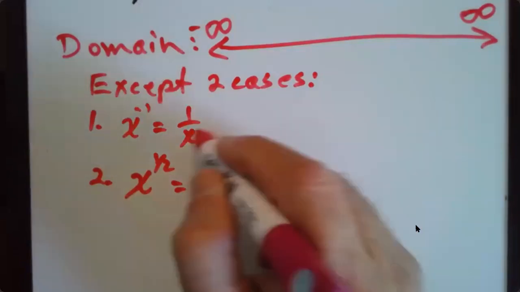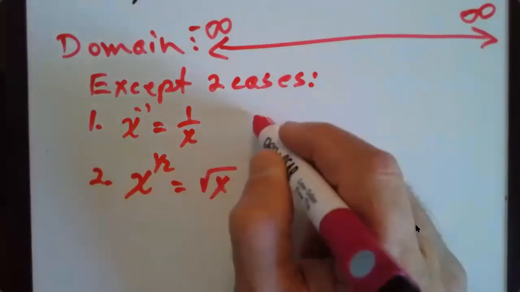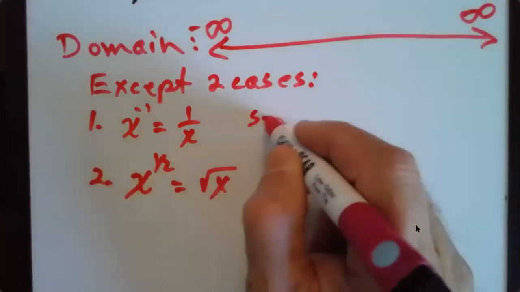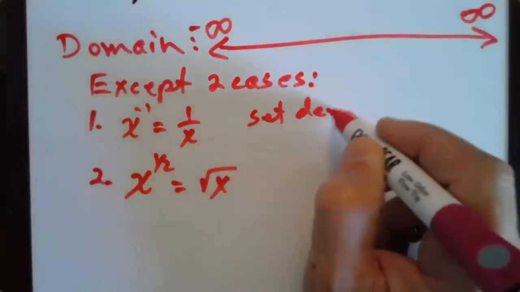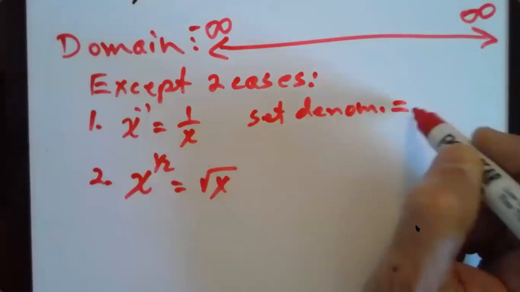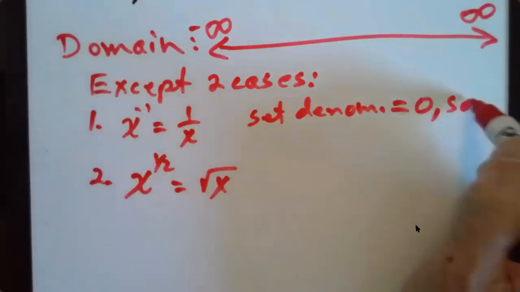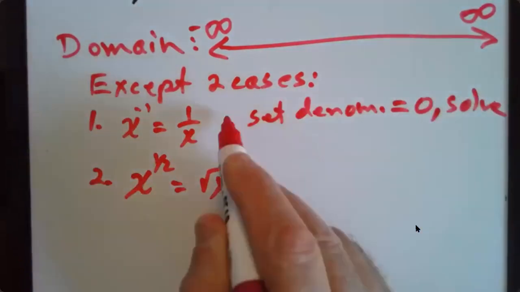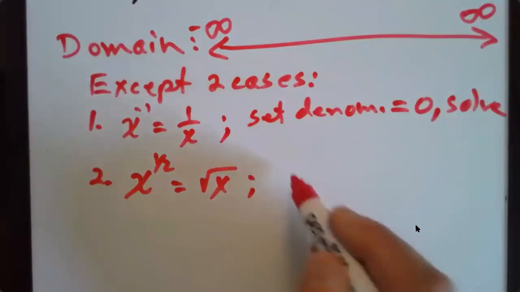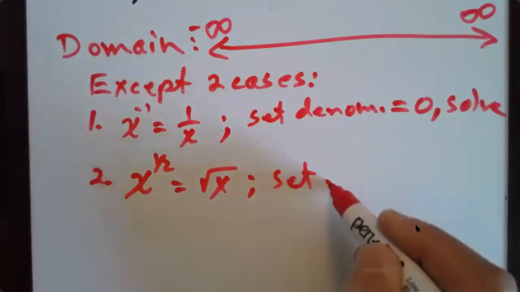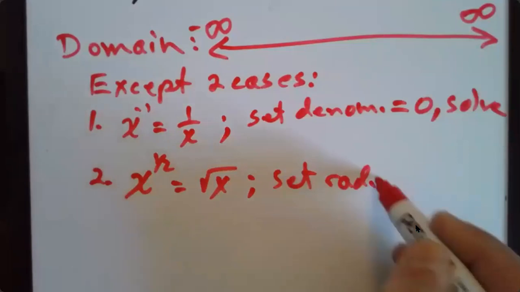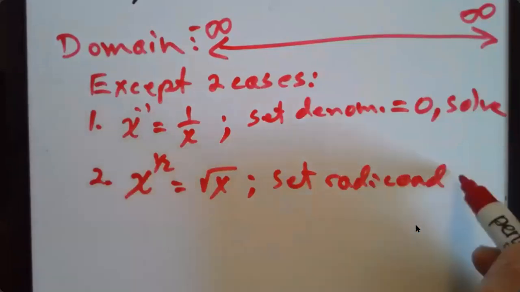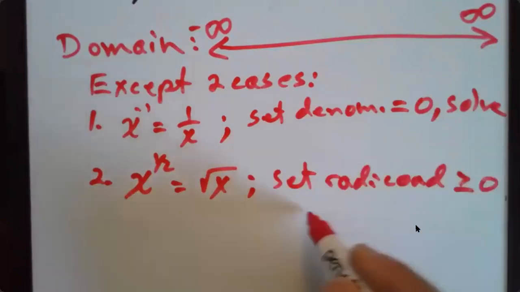If you want to find the domain for x in the denominator, set the denominator equal to 0, then solve. For the radical, set the radicand greater than or equal to 0, then solve.